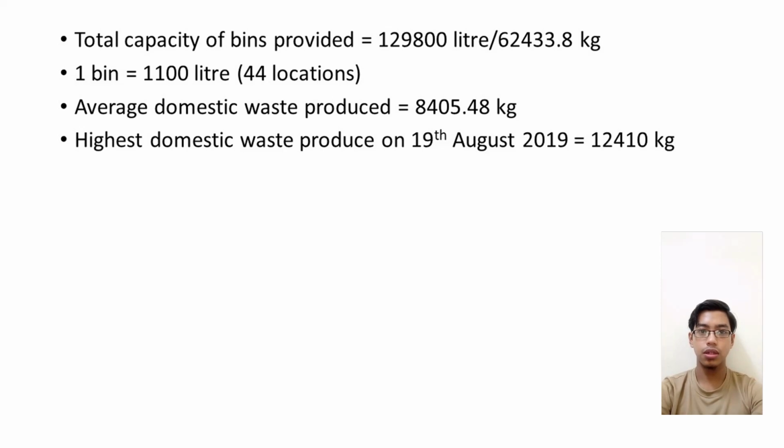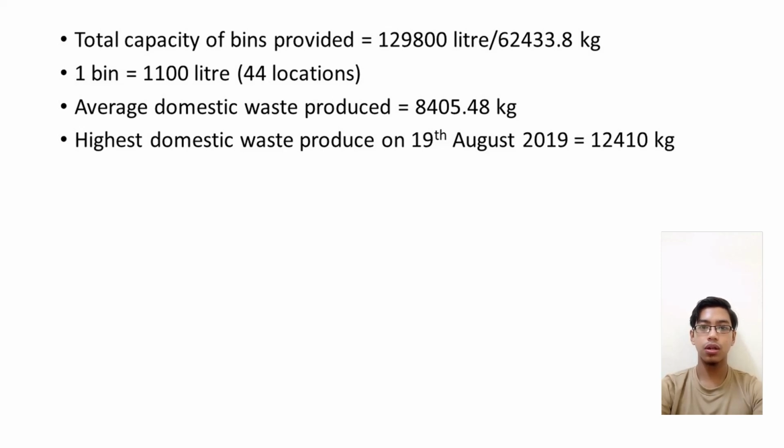For your information, one bin provided is equal to 1,100 liters, and there are 44 locations in UiTM Shah Alam. So the orange line shows the average of domestic waste produced in UiTM Shah Alam for a day in August.